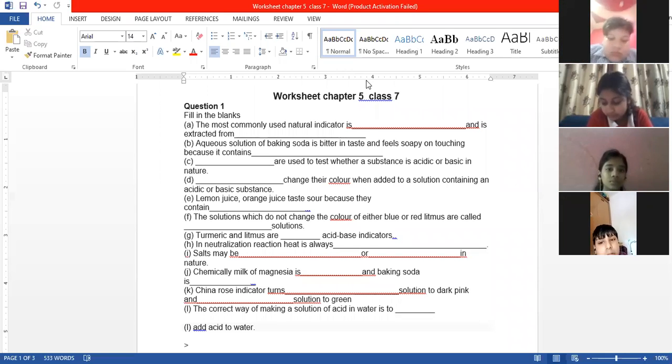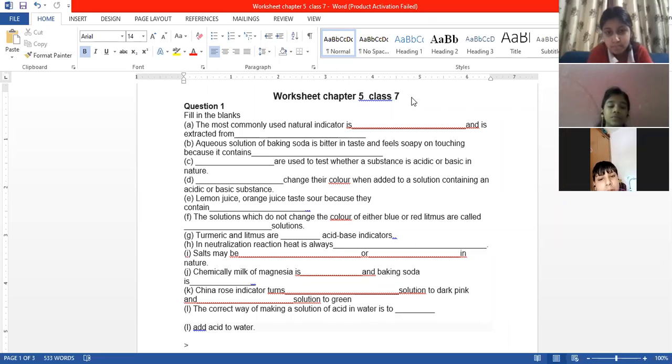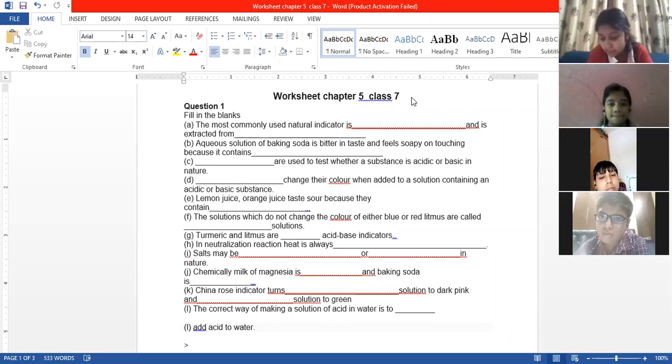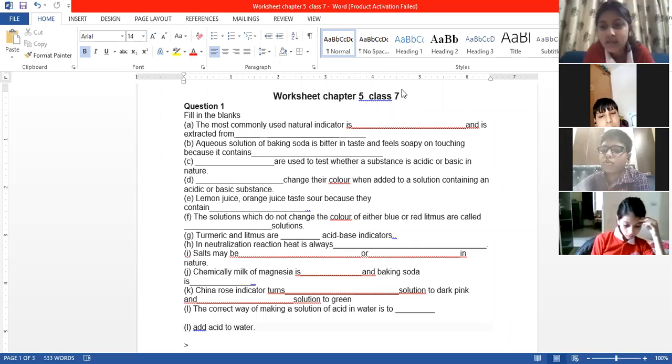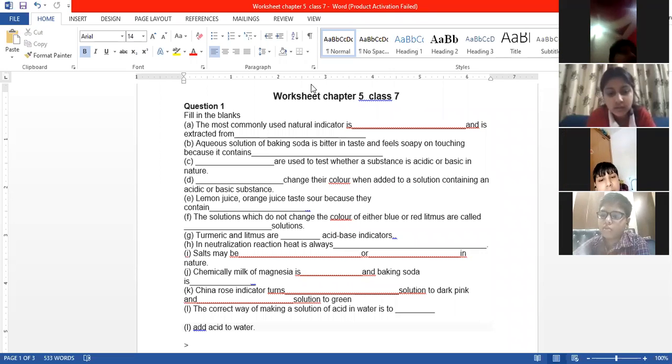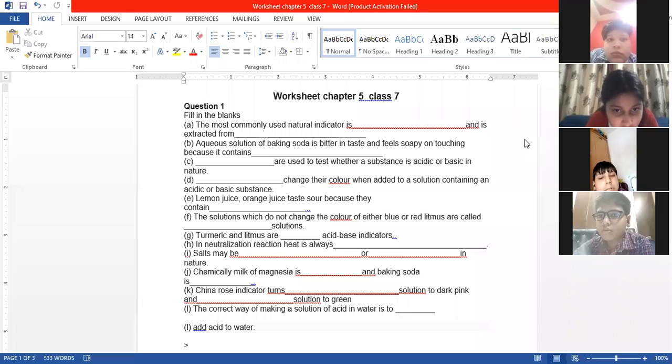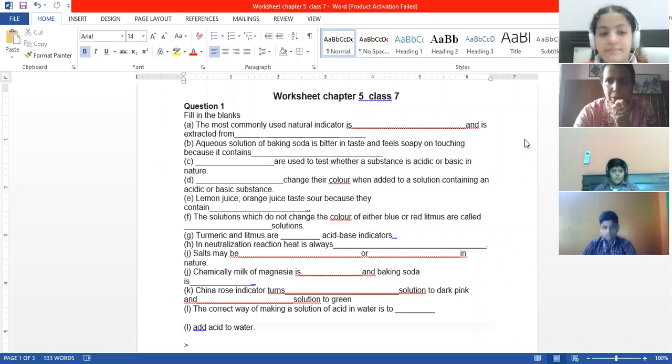Yes, the most commonly used indicator is litmus paper and it is extracted from lichens. Children, you can write down the answers: A part, litmus paper, and it is extracted from lichens.